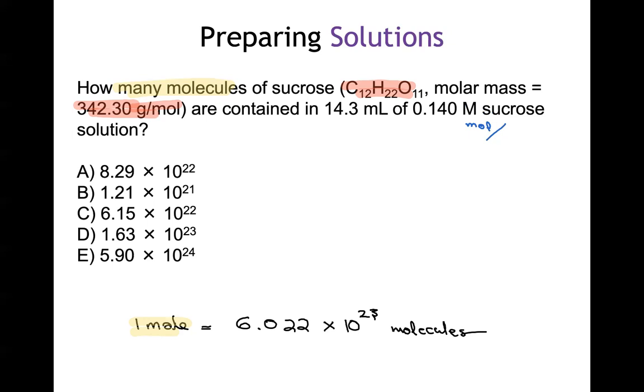So we could start with volume or molarity. I just have molarity right here. So moles of sucrose per 1 liter of solution.